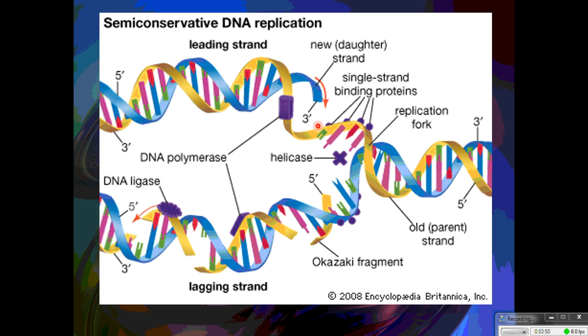So then we have half here and half here. The DNA polymerase is adding new bases and pairing them up with their complementary base so that we have one new strand that is half old, that's the yellow, and half new, which is the blue. This goes in opposite directions.